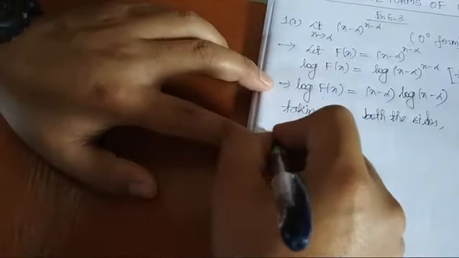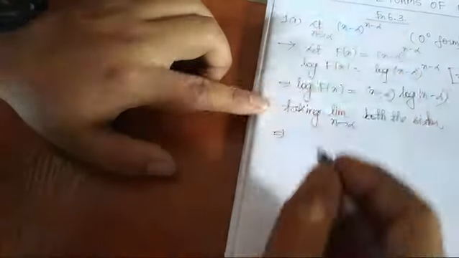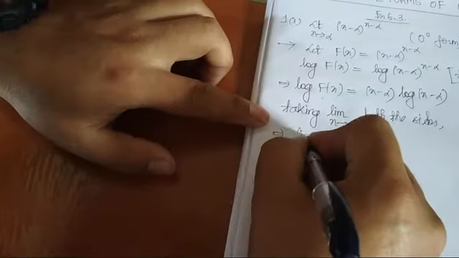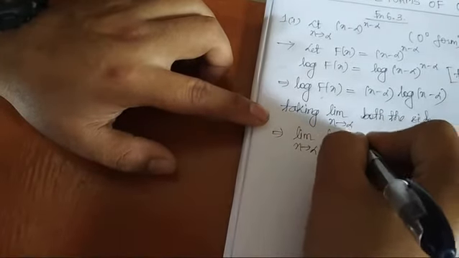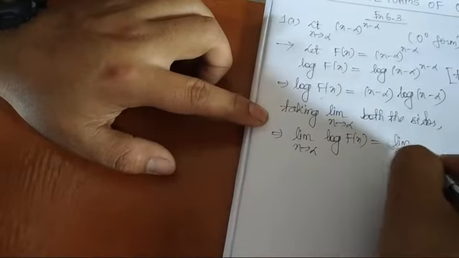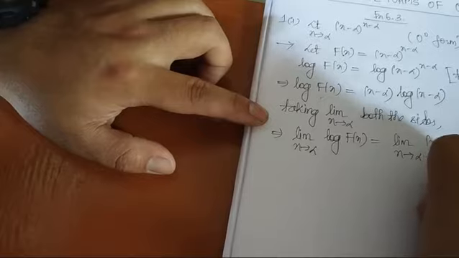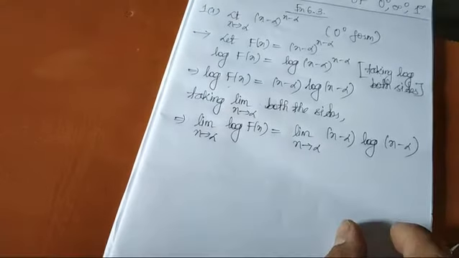Therefore we get limit x tending to alpha of log F(x) is equal to limit x tending to alpha of (x minus alpha) into log (x minus alpha). You can write LIM or LT, it is the same thing. I hope you are clear with this step, taking limit both sides.